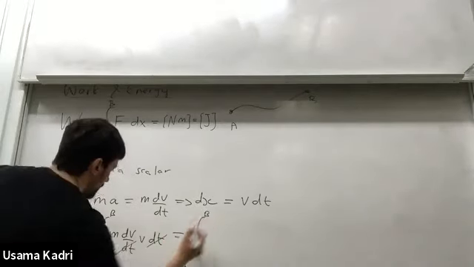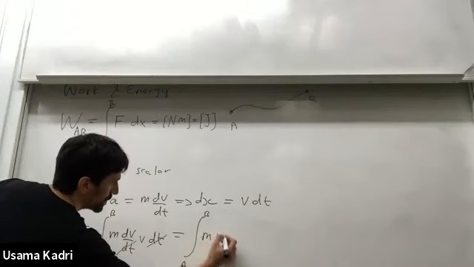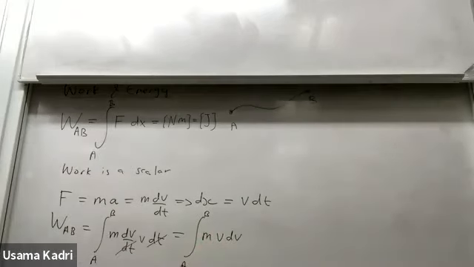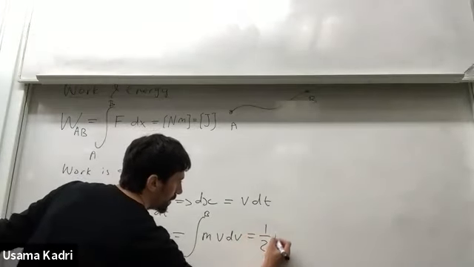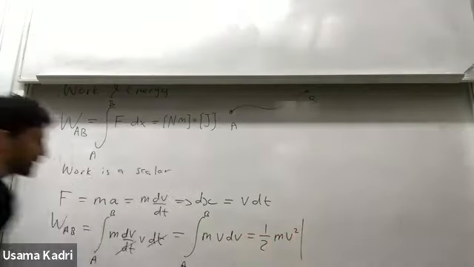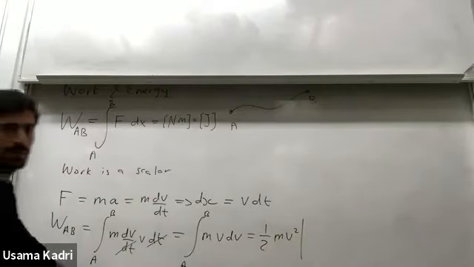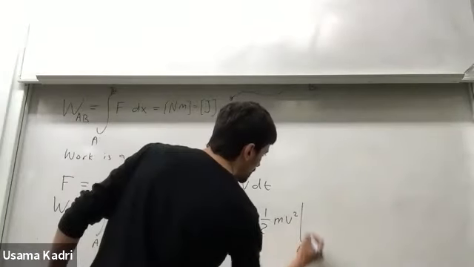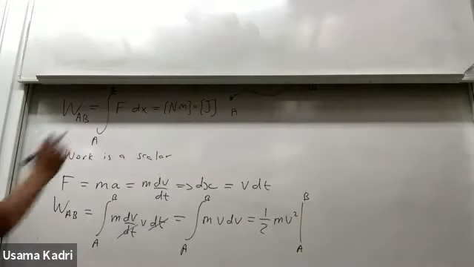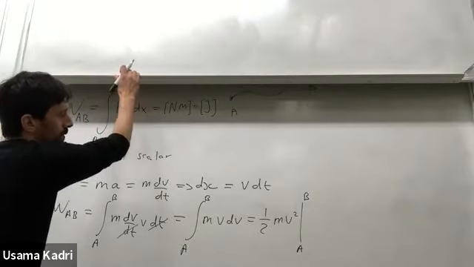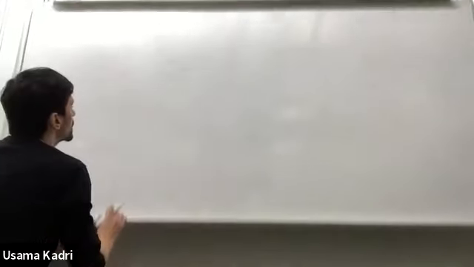Almost there. We get mv dv, which finally gives half mv squared between A and B. Let's write the final solution here.